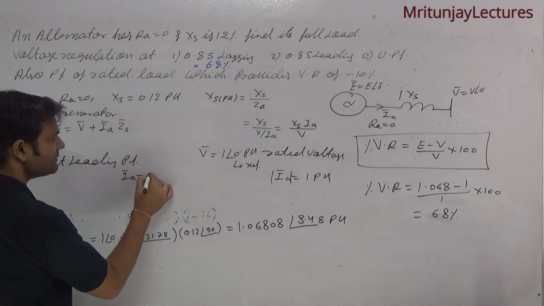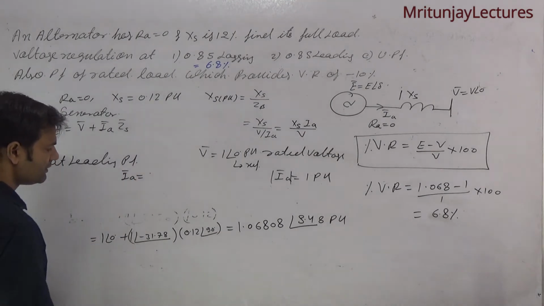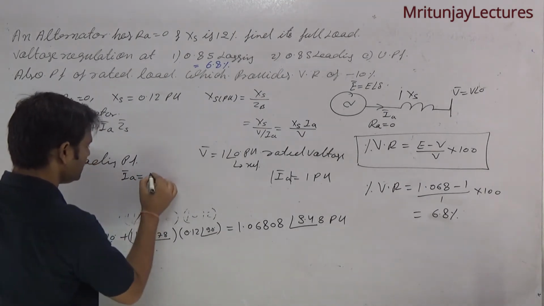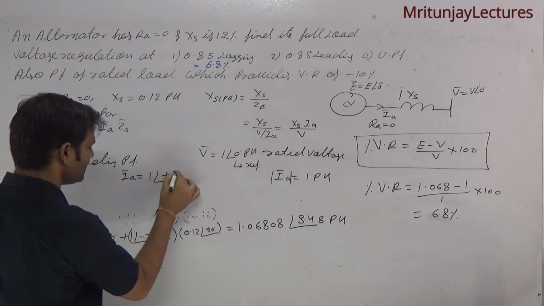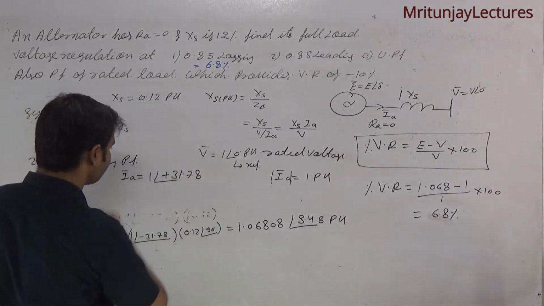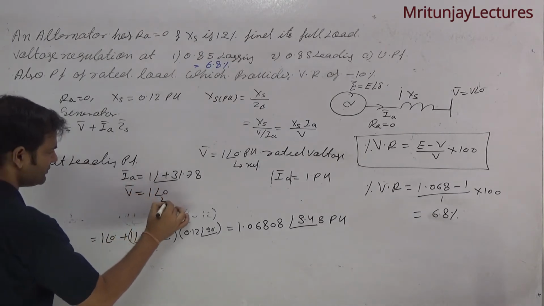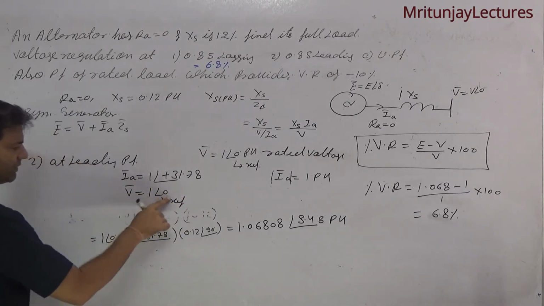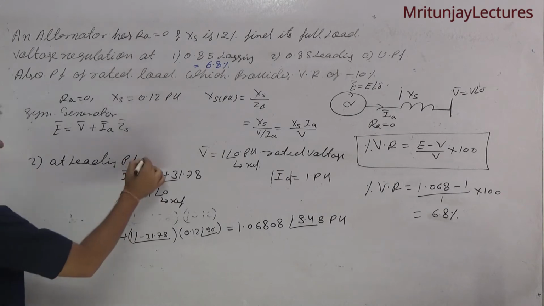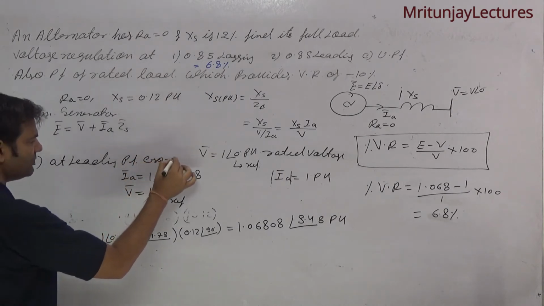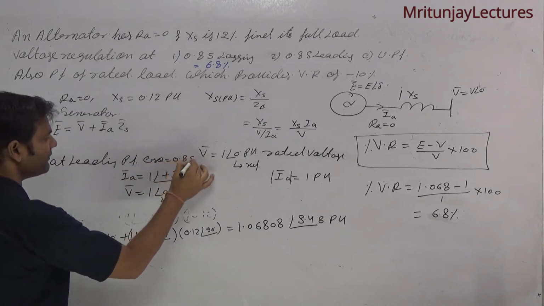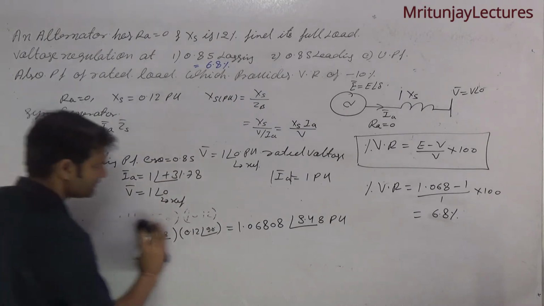Ia is written as 1 at the angle plus 31.78, and V is also 1 at the angle 0. If V is 1 at the angle 0, then cos theta will be equal to 0.85 in this case.